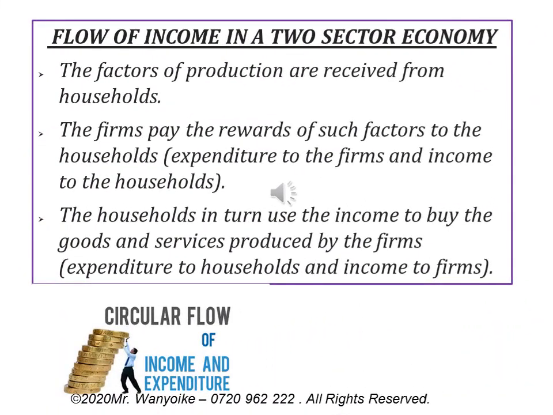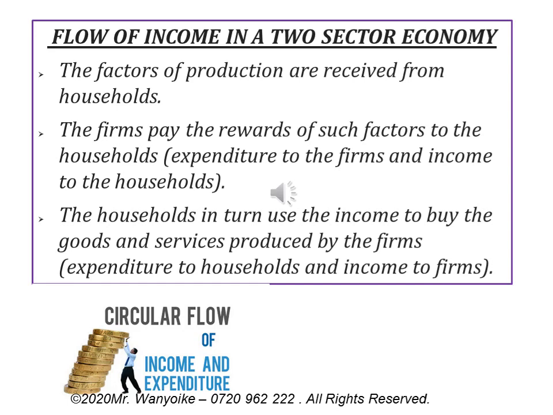Let us look at flow of income in a two-sector economy. Remember, this is hypothetical, and it is assumed that there are two players in a flow of income, or the way the wealth flows from the citizens to the country, or between the consumers and the producers.